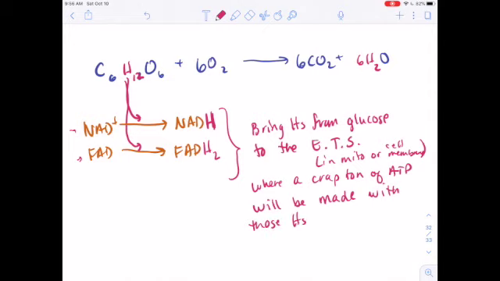I'm just writing H's, abbreviating hydrogen with an H. A lot of ATP will be made with those hydrogens in chemiosmosis. That word should be familiar. Chemiosmosis, also known as respiration. And we'll go through that process too.